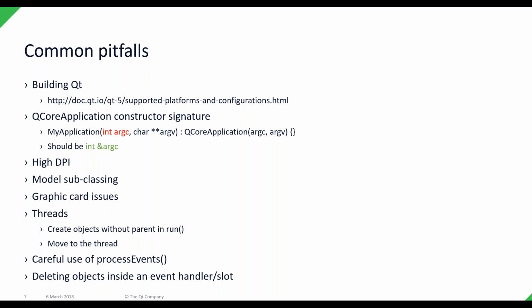When it comes to using processEvents, this is a useful thing to use if you're trying to make sure certain events are processed at a given point. It's generally a safe thing to do, but you have to be a bit more careful sometimes. It's because if you're in an event handler or potentially inside a slot, calling processEvents can cause some events to be processed before you're ready for that to actually happen.